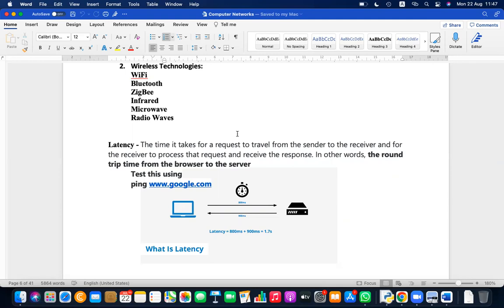Communication modes. What is a communication mode? Like simplex, duplex. Network communication can be established either as simplex or duplex, that doesn't matter.